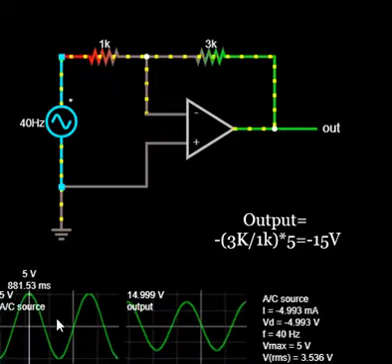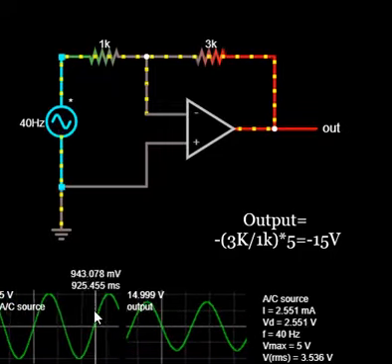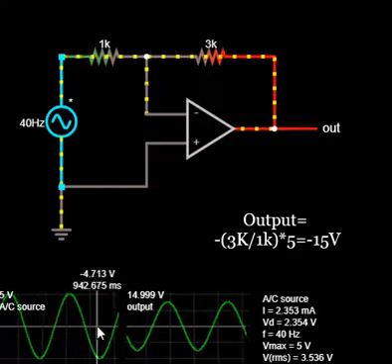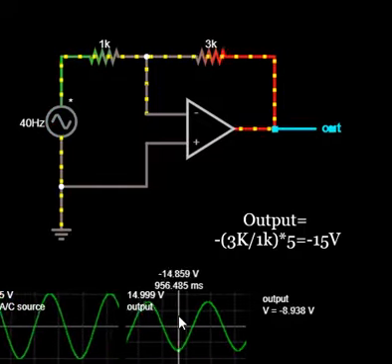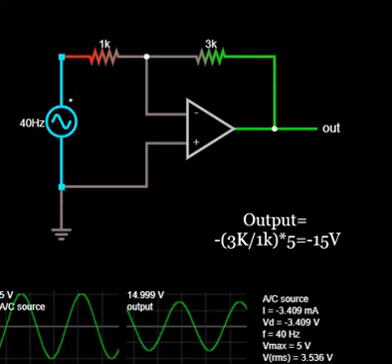So that is observed here in the waveform. The first waveform shows the input signal, whereas the second waveform shows the output signal. And we can see that corresponding to each input we have an inverted output. So at different points we can observe the output waveform.